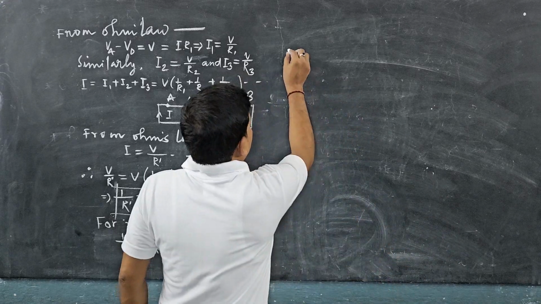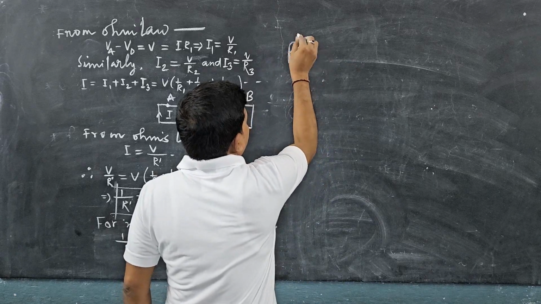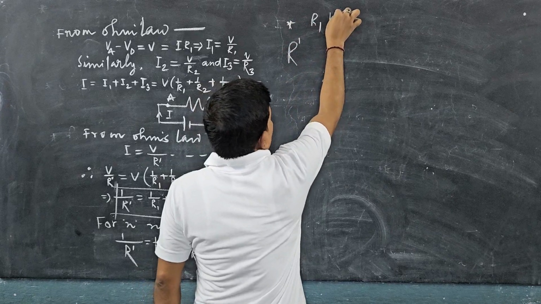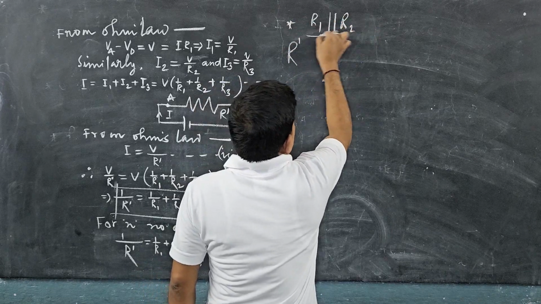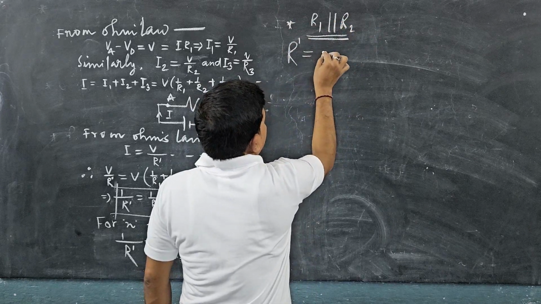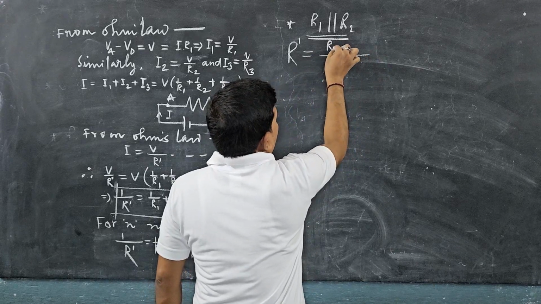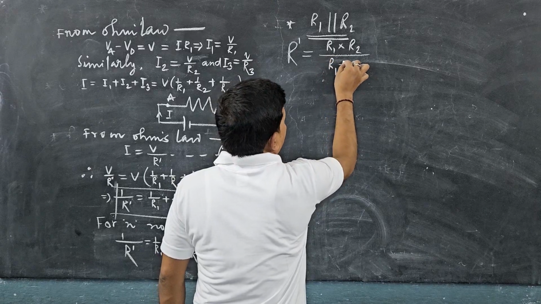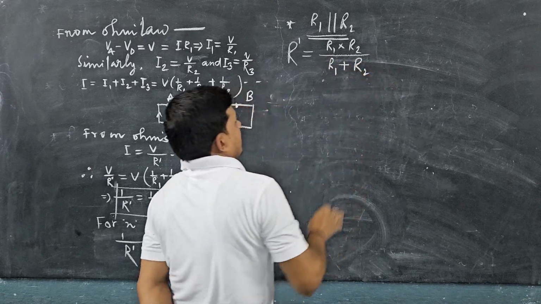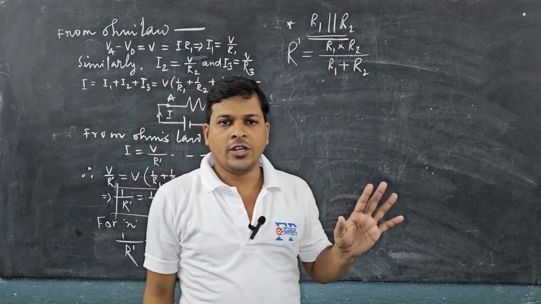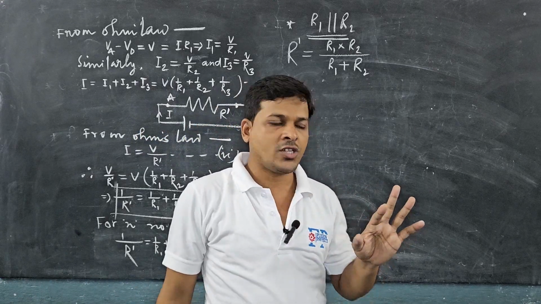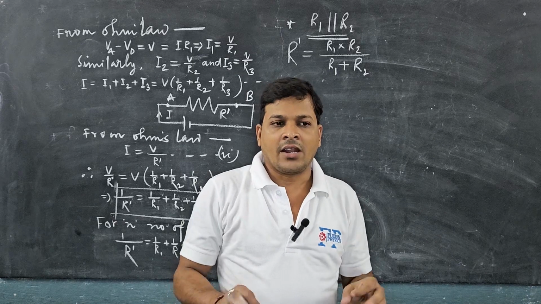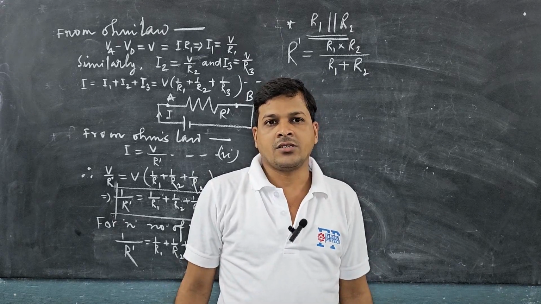For the parallel combination of two resistors R1 and R2, the equivalent resistance will be the product of the two resistors, R1 into R2, divided by their sum, R1 plus R2. In board exams this is a very commonly asked question.